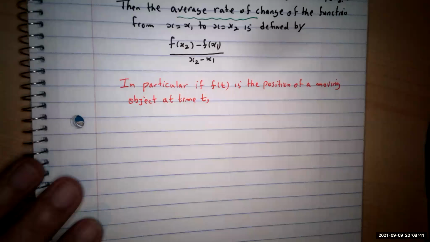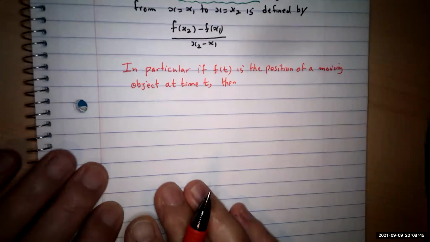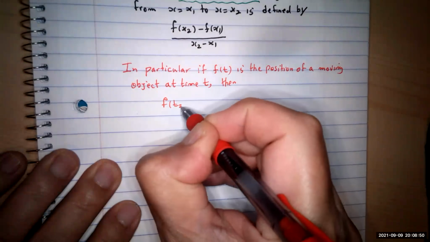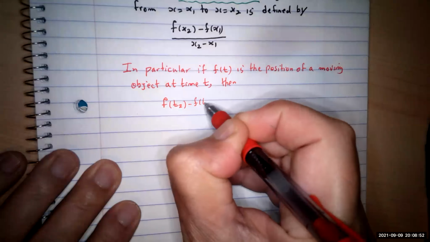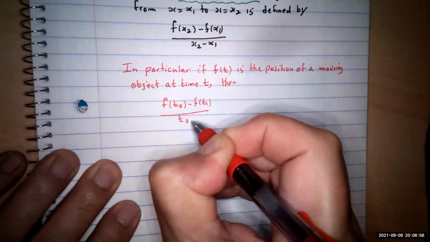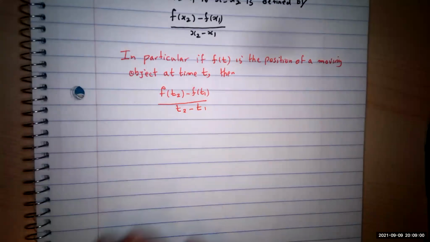If this is the case, then you see this quotient that we talked about, if you consider two different numbers, different t: f of t2 minus f of t1 divided by t2 minus t1. You see the top is going to be displacement, the distance, the bottom one is the time. The distance over the time is going to be velocity.